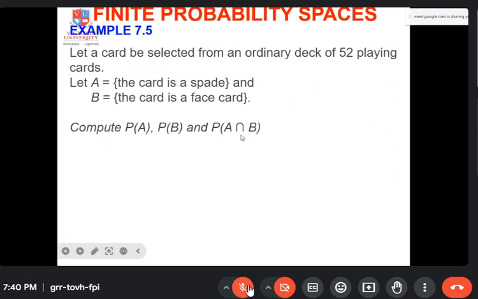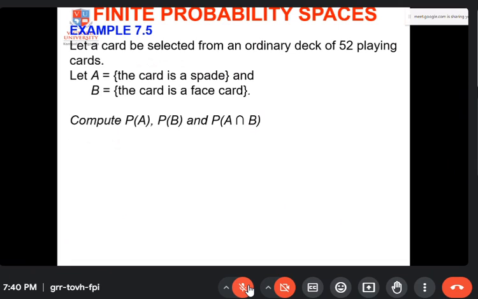Let us have an example. Let a card be selected from an ordinary deck of 52 cards. Let A be the event that the card is a spade, and B the event that the card is a face card.